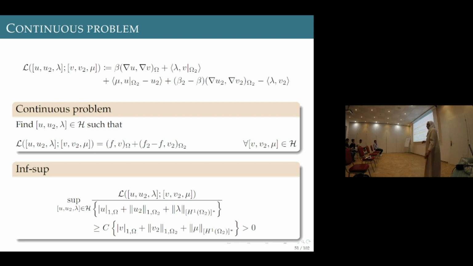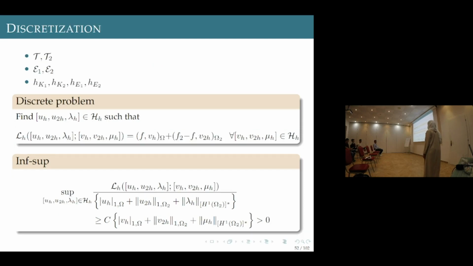We know from the previous work that the inf-sup condition is satisfied at the continuous level. At the discrete level, we have the discretization tau 2, same as before. We have the collections of all edges in tau and tau 2, epsilon 1 and epsilon 2, and we have the maximum mesh size of each element and edge.